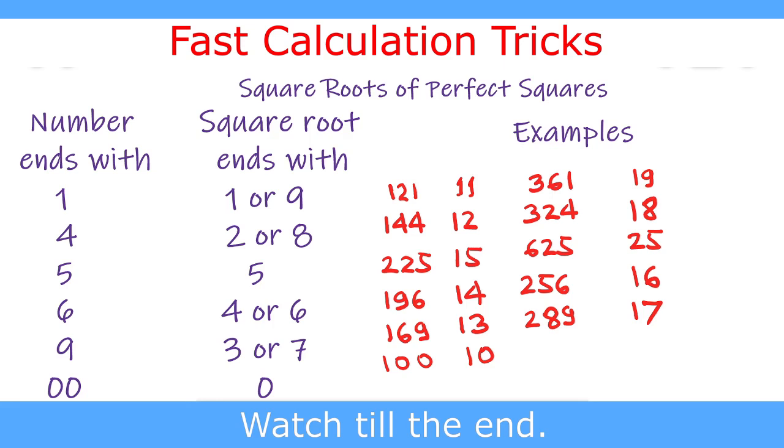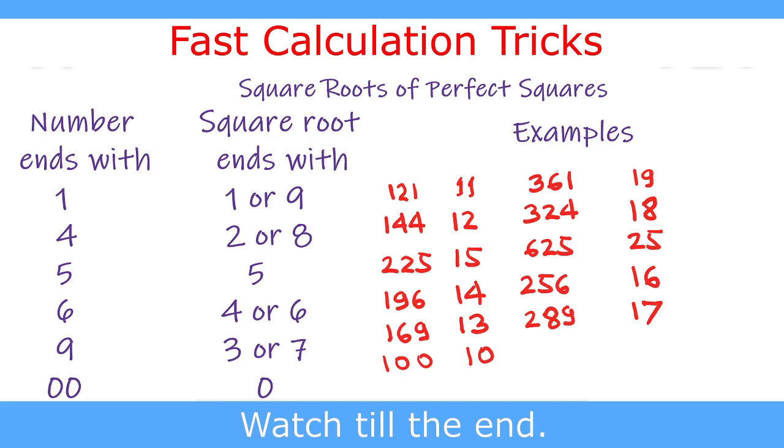Then its square root ends with 1 or 9, 2 or 8, 5, 4 or 6, 3 or 7, or 0 respectively. The numbers ending with 1, 4, 5, 6, 9 or an even number of zeros may or may not be perfect squares.